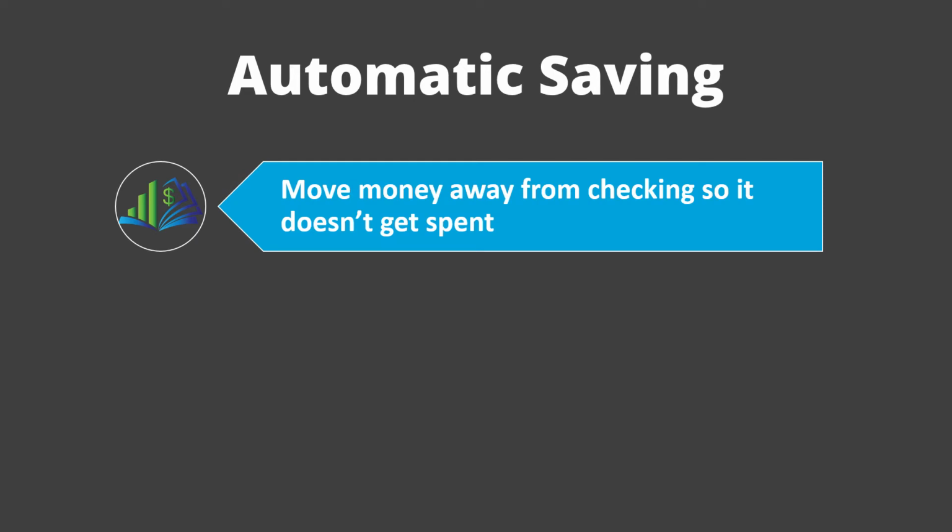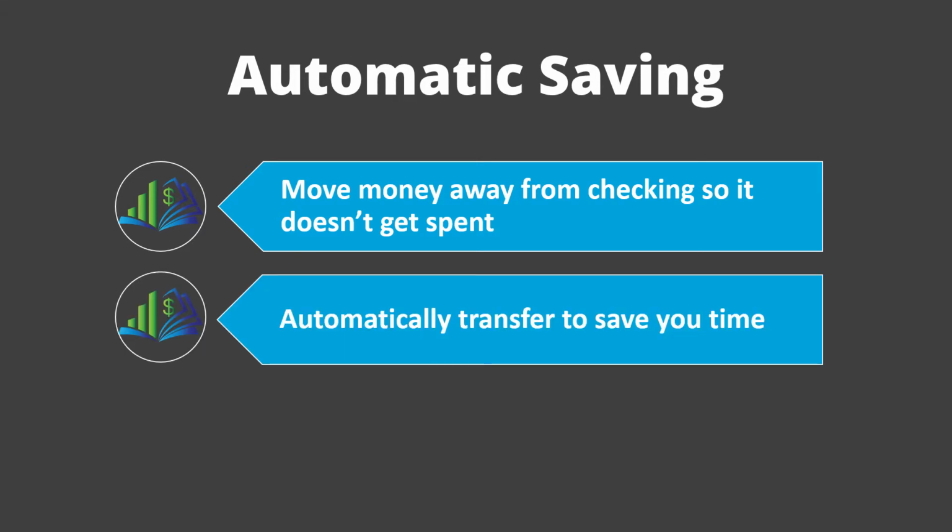So the way this becomes so much more easy is to make your saving automatic. With automatic saving, you're able to move money away from your checking account so that it doesn't end up actually getting spent just because it's sitting there. And if it's automatic, you're automatically doing the transfers to savings, which is going to save you time. So you're not having to go in there and move money manually all the time.